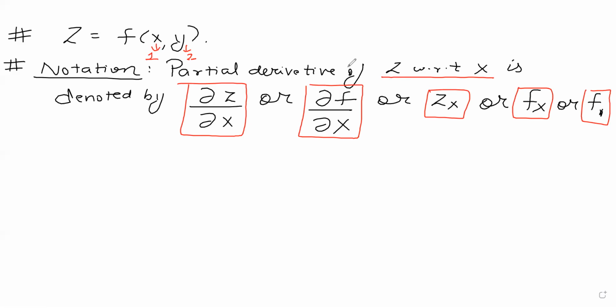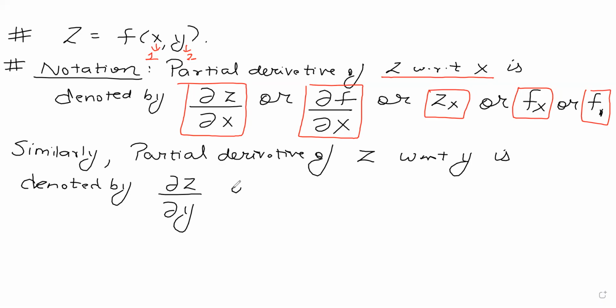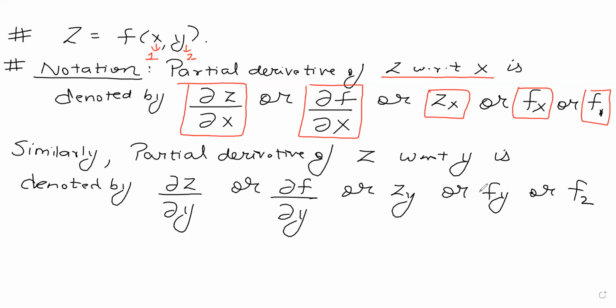Similarly, just for completeness, the partial derivative of z with respect to the variable y is denoted by del z by del y, or del f by del y, or zy, or fy, or f2.